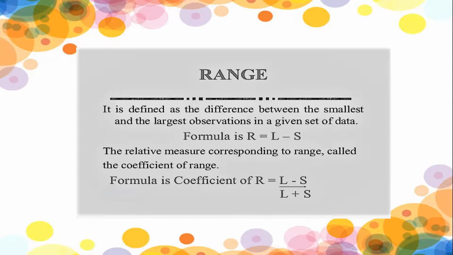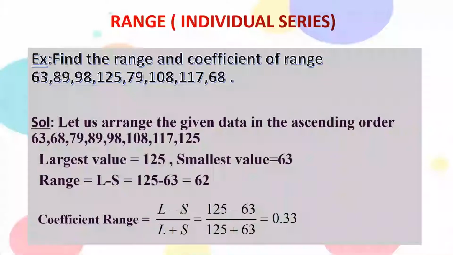Now let's see how to calculate the range value in the case of individual, discrete and continuous series. Let's begin with individual series. Here is an example where we have to find the range and coefficient of range for the individual data. First of all, we have to arrange the given data in ascending order, as you can see on the screen.